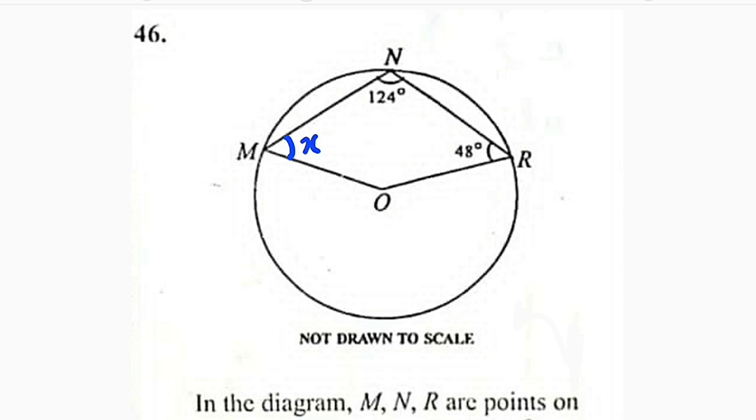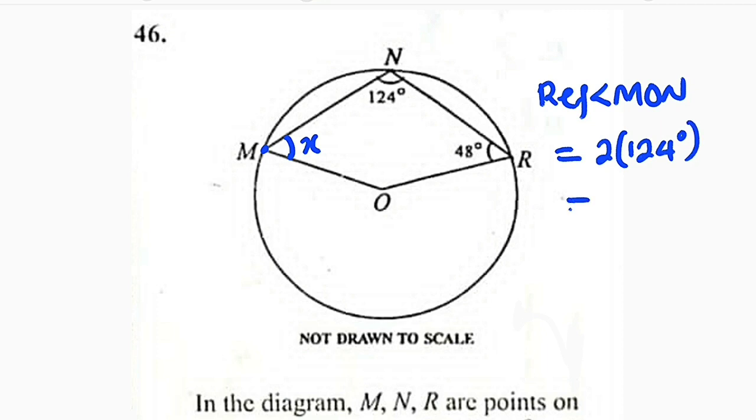All right. According to circle theorem, the angle subtended at the center is twice the angle subtended at the circumference if and only if they are both produced from the same arc. So this particular angle here is twice this one. So let's find it. The reflex angle MON is equal to 2 multiplied by 124 degrees, which is equal to 248 degrees, which means that this particular angle is 248.